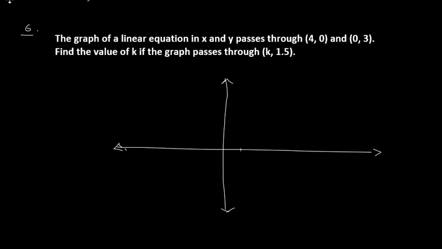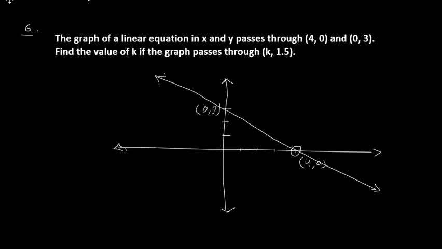Now 4 comma 0: 1, 2, 3, 4. This is 4 comma 0, and 1, 2, 3, this is 0 comma 3. So a line is passing through these 2 points. The line will go like this.